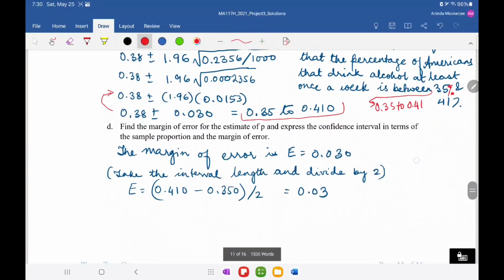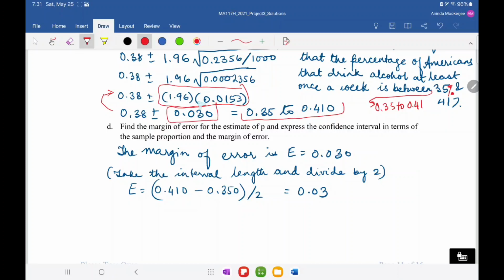All right, so the next part of the question is: find the margin of error for the estimate of P and express the confidence interval in terms of the sample proportion and the margin of error. So the margin of error is whatever this calculates to, which is 0.030, correct? That's the margin of error.